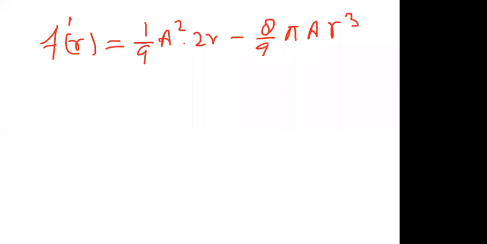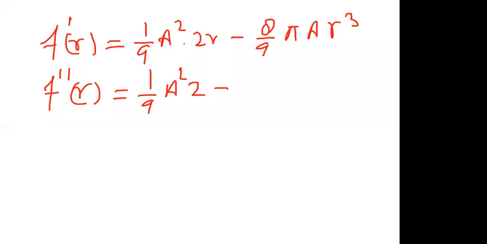We need to go for f double dash r. F double dash r will be 1 by 9 a square into 2 minus 8 by 9 pi a 3r square. Now, whether it is positive or negative, that also we need to see.